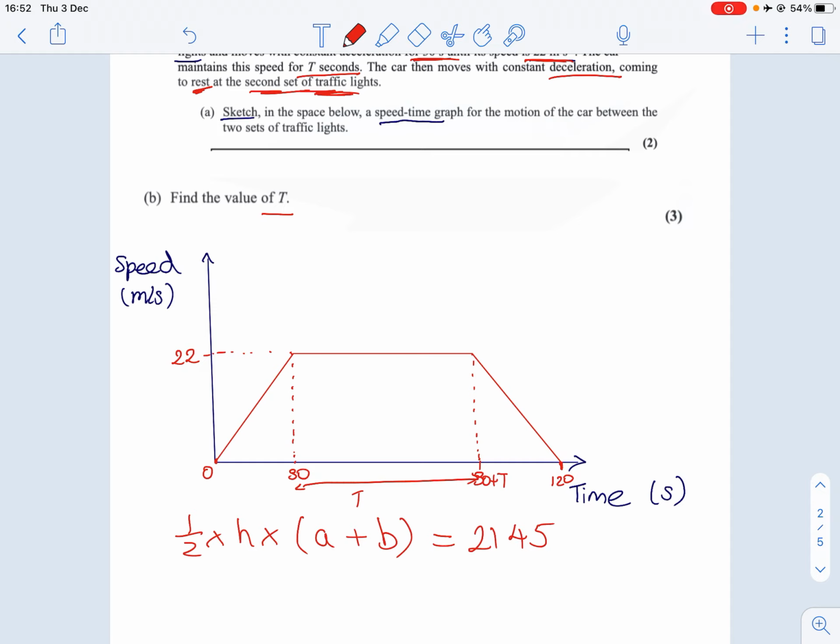So let's do this. We want to find out the value for t. So we know the height is going to be 22. So half times 22 multiplied by the top, which is t, plus the bottom, which is 120. And it's going to equal 2,145.